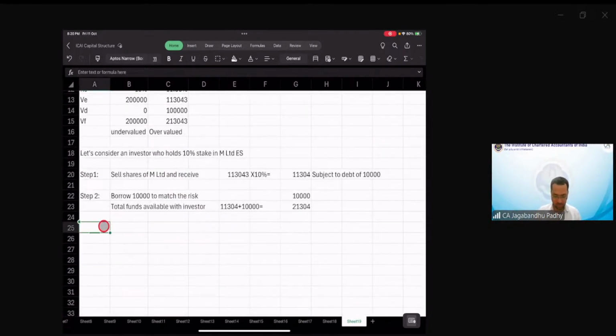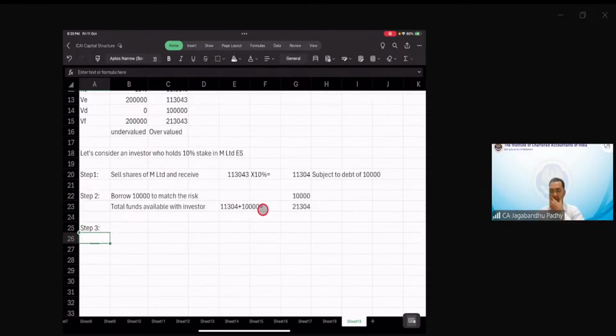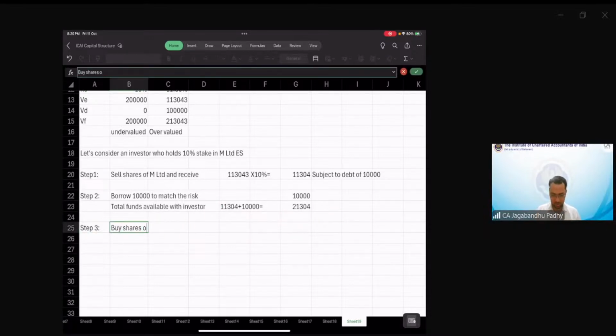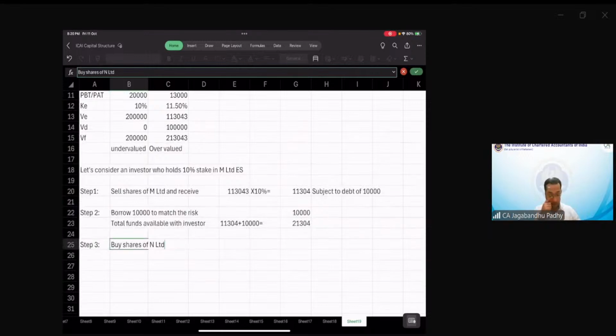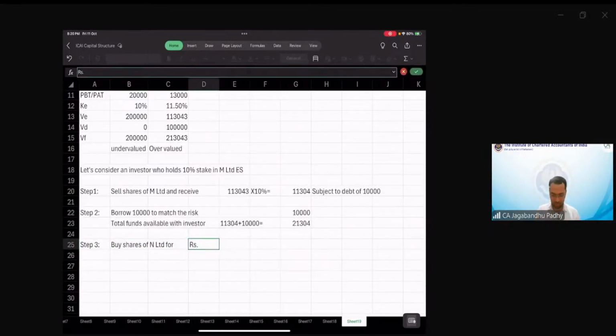Now, what will I do with this amount of 21,304? What am I going to do with this 21,304? We are going to buy the shares, right? So we will buy shares of N Limited for rupees 21,304.